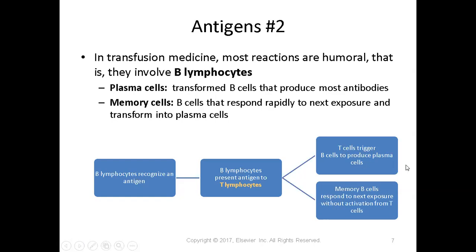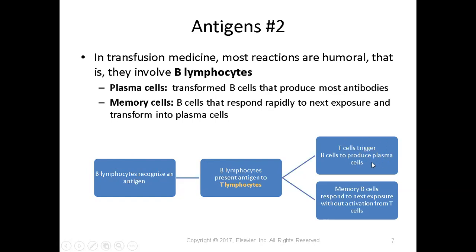So here we see next a little diagram from our book, and this is just going through the process a little bit about what happens to trigger antibody production. So, we start off here with a B lymphocyte that's recognizing an antigen, something that's non-self in this case, okay? B lymphocytes present the antigen to the T lymphocytes, and then the T cells will trigger the B cells to produce plasma cells.